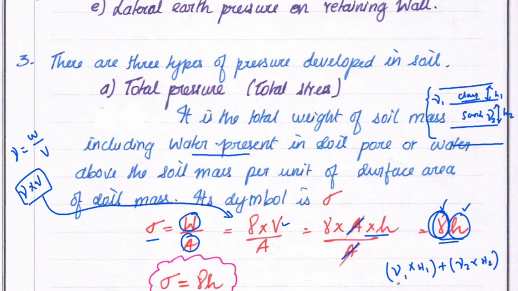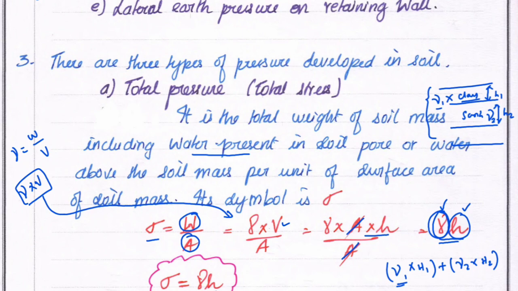This gamma may be the dry unit weight, saturated unit weight, or submerged unit weight, whatever it may be. If water is present in the clay, it becomes a saturated unit weight. If the clay has some percentage of water content, we get the bulk unit weight. If the clay doesn't have any water content, we take it as a dry unit weight.